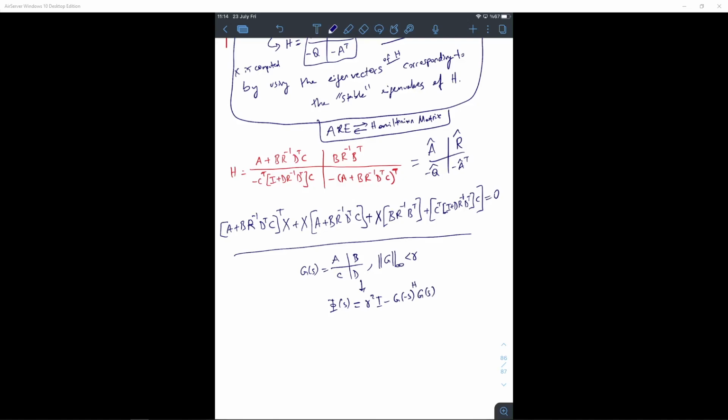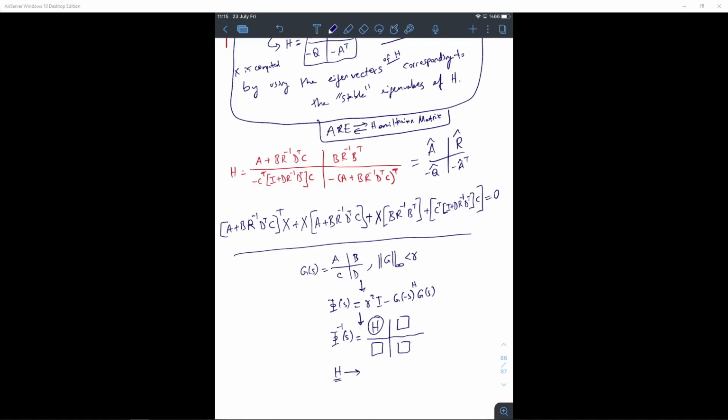Then we determine phi inverse of s and obtain its Hamiltonian matrix, which is the A matrix of this phi inverse.